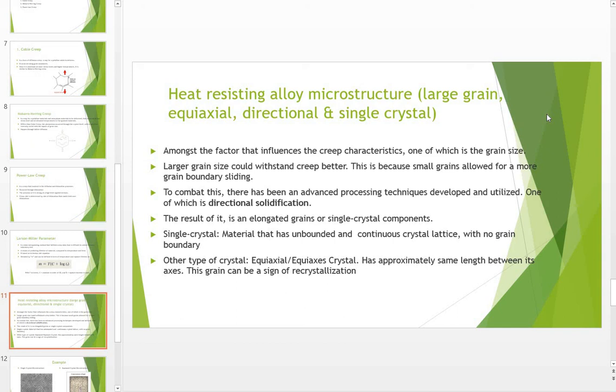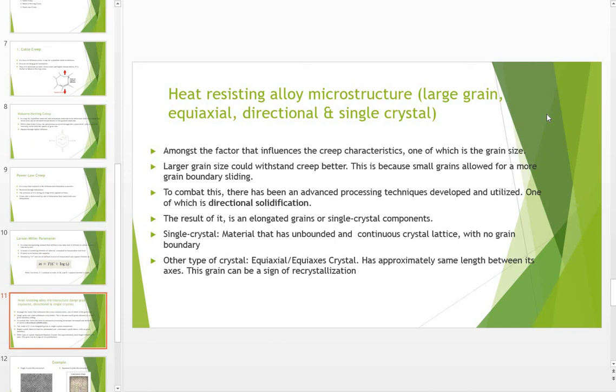Why is it happening like this? Because the smaller the grain size is, the more grain boundaries will be able to slide, and this sliding phenomenon will influence the rate of creep and make it higher.